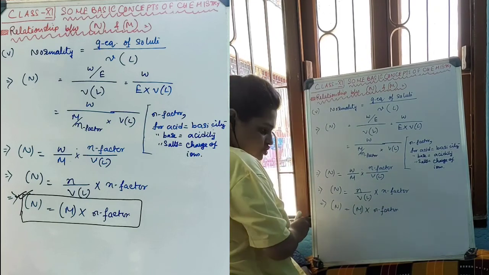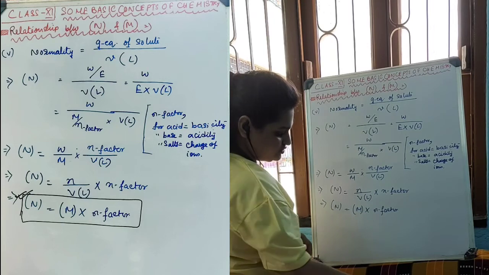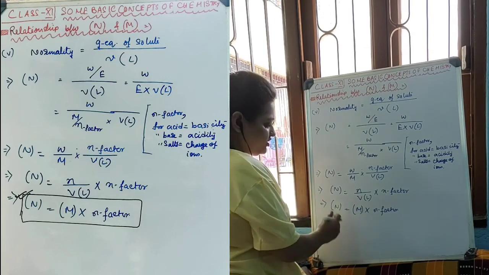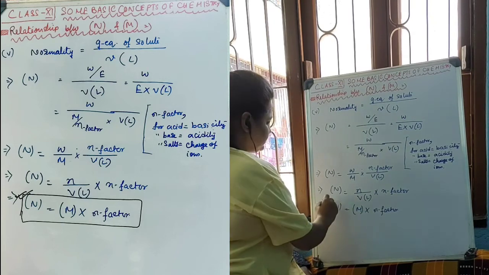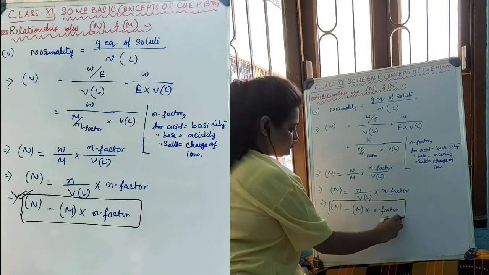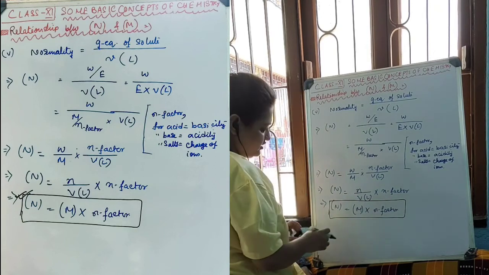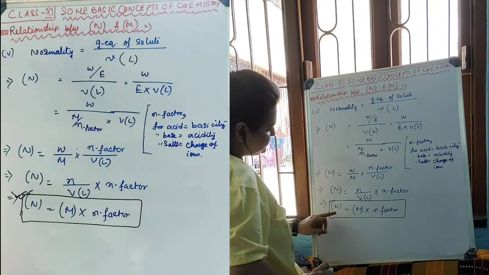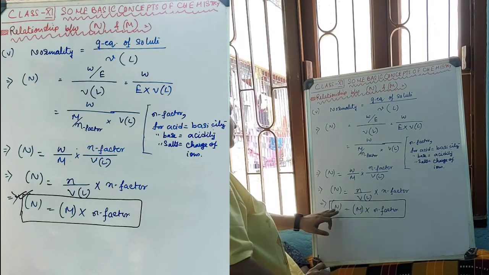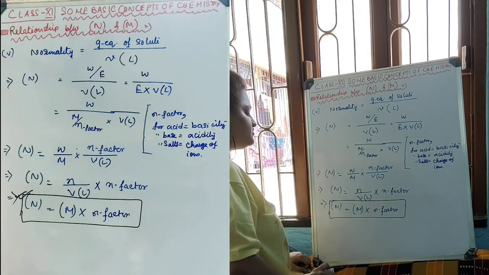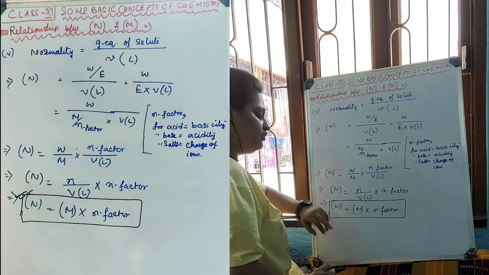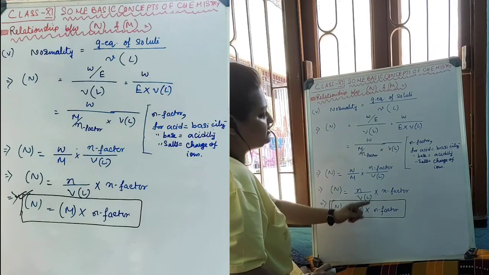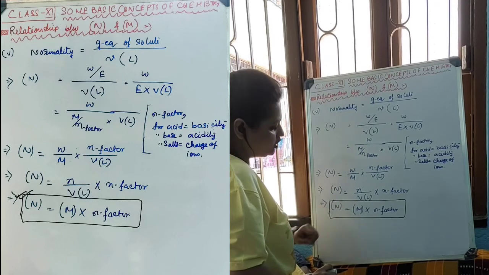Therefore, the relationship between normality of any solution and molarity of any solution is given by this expression: normality of a solution is equal to molarity of that solution multiplied by the N factor of the solute.